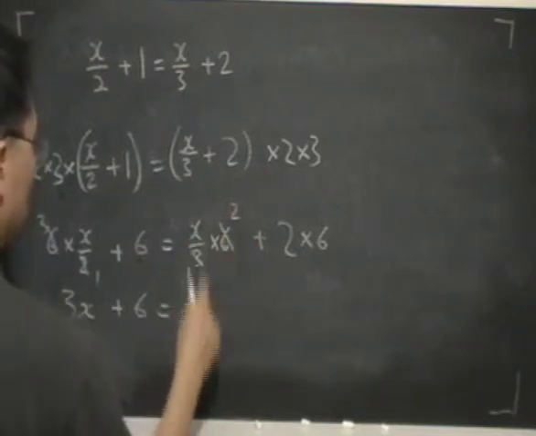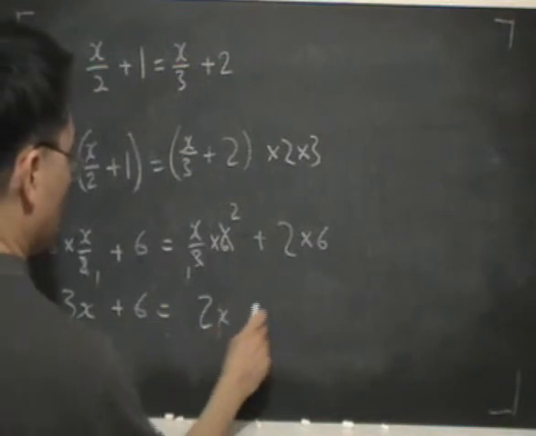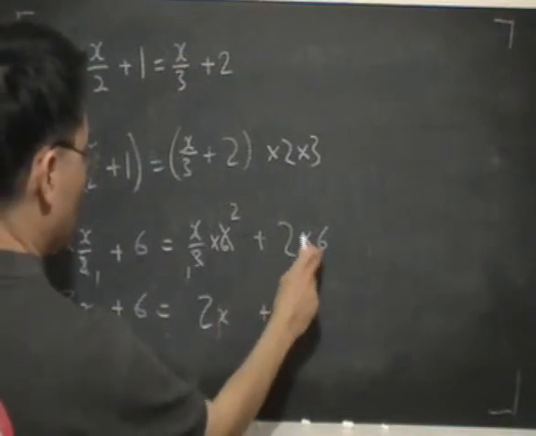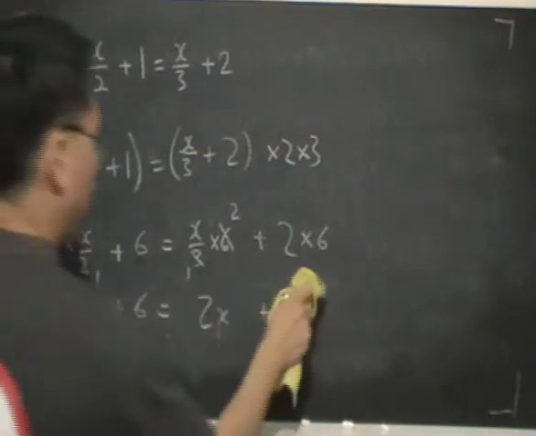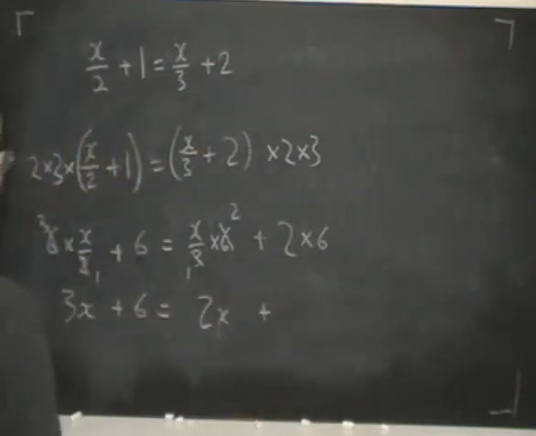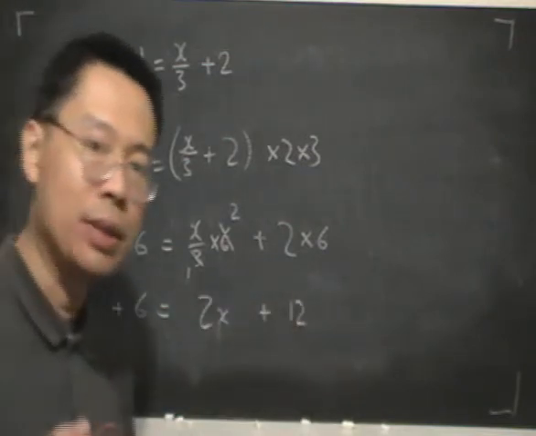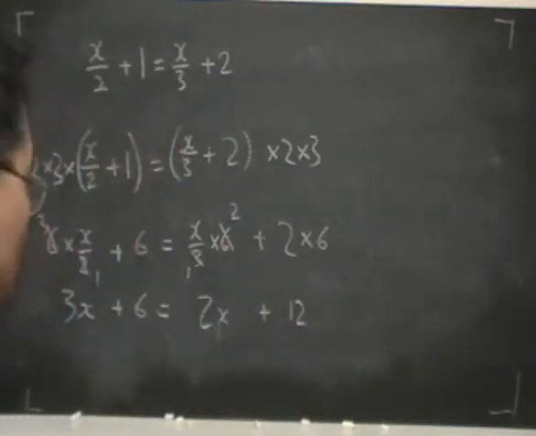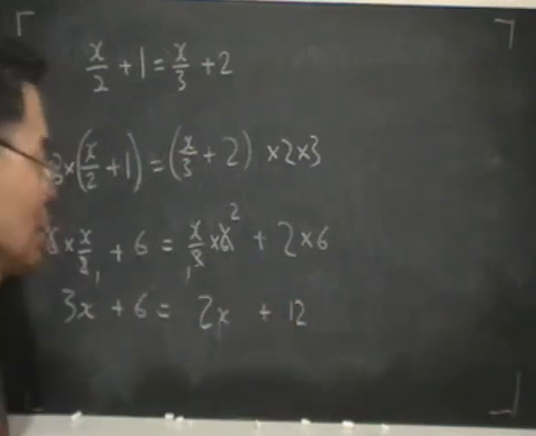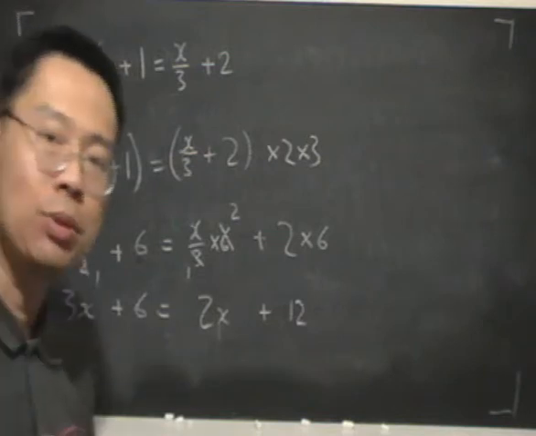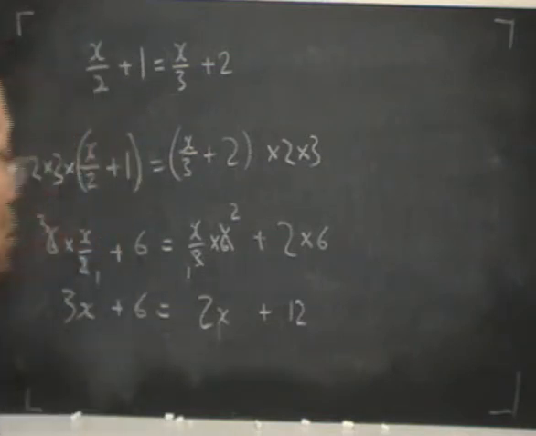So x times 2 is 2x, plus 2 times 6 is 12. Now it's beginning to look simpler. There are no more fractions, which is very good, and we can now apply our rules to solve the problem.